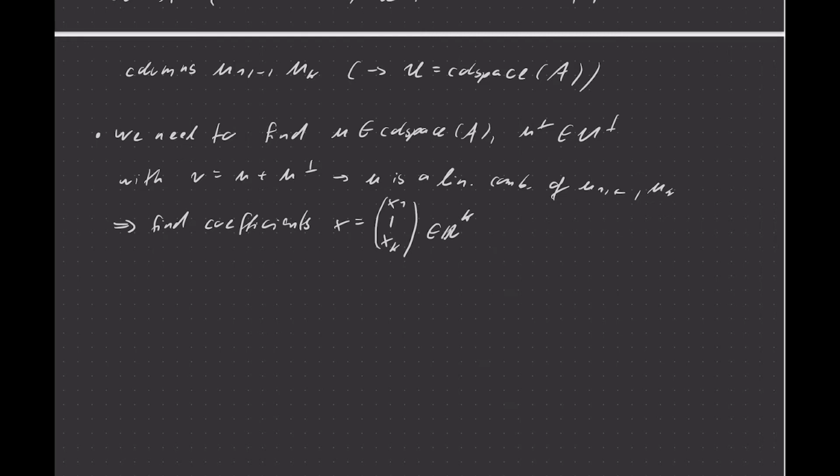That's a vector in R^k with u equals x1 times u1 plus x2 times u2 and so on up to xk times uk. And that is the same thing as A times x, right? Remember, multiplying a vector to the right of a matrix is equal to taking a linear combination of the columns. So Ax represents our vector u.